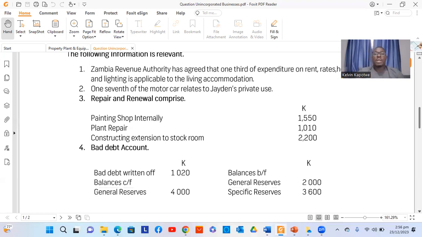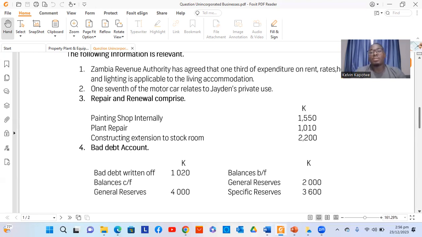So what does the income tax tell us about bad debts? All right. So income tax tells us that general debts written off are not allowable for tax purposes because they are general and they do not specify a specific debt that may have gone bad.